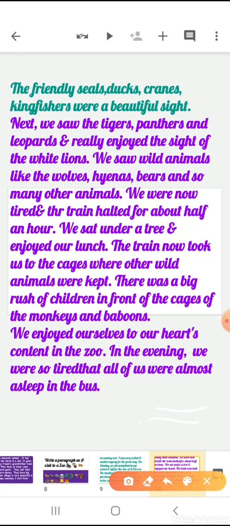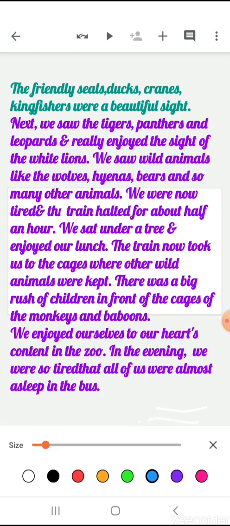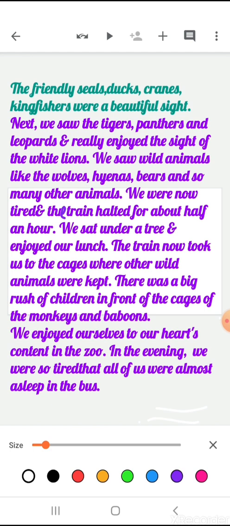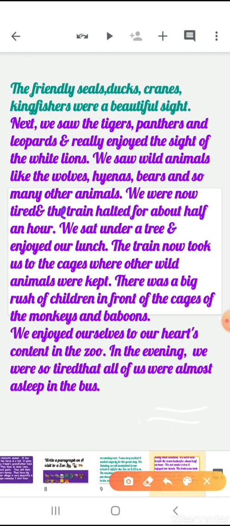We were now tired and the train halted for about half an hour. We sat under the tree and enjoyed our lunch. The train now took us to the cages where other wild animals were kept.